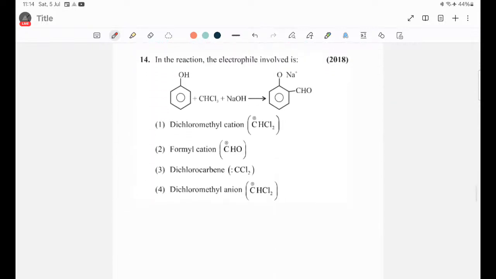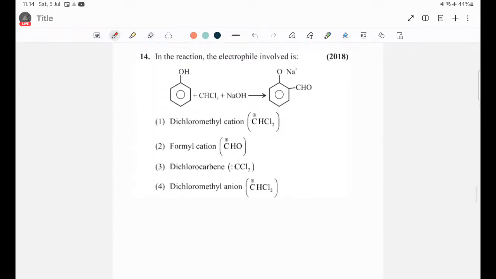Okay, now move to question number 14. This I didn't tell you in our class, because we didn't cover this chloroform part. We have already covered the haloalkane and haloarene part, but in that section we didn't cover chloroform. We will definitely cover it in later classes, but in this class try to figure this out.